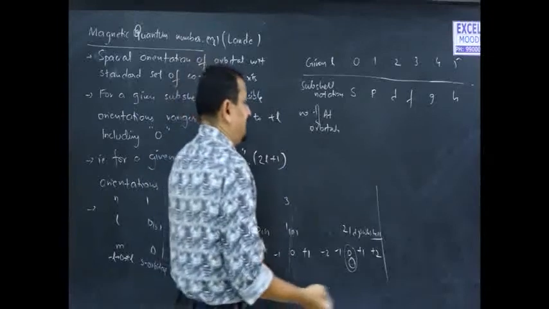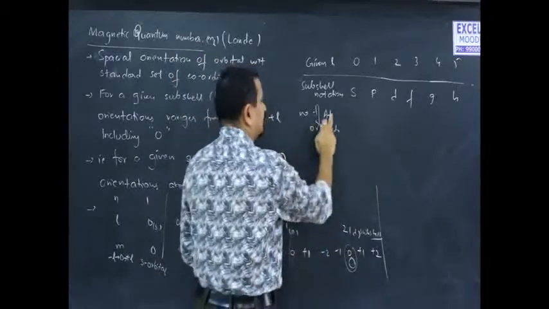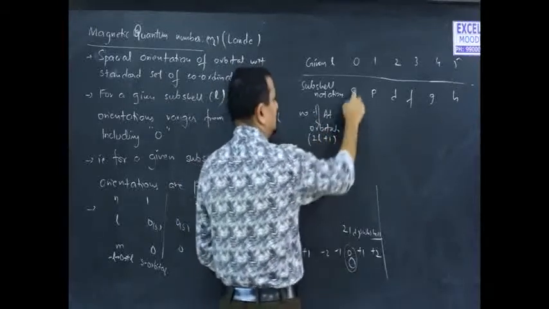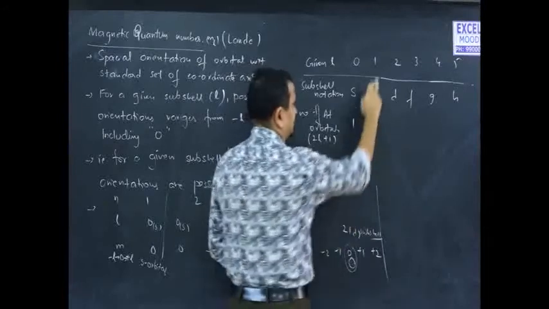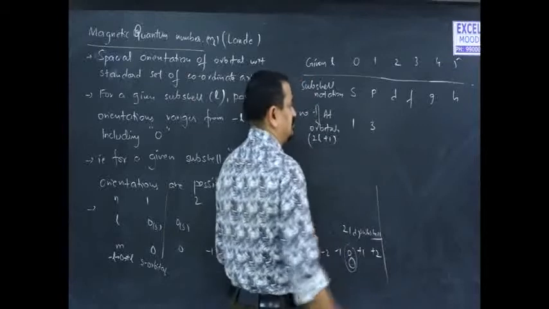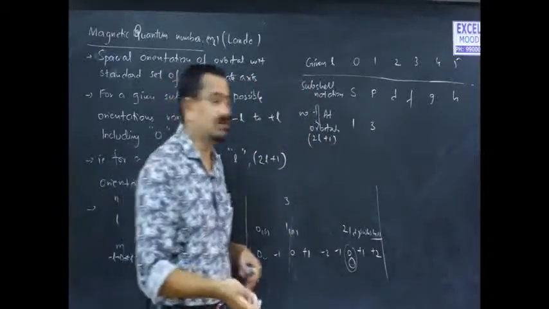Now, each of these subshells has several orientations. The number of orientations possible is 2 into L plus 1. So, 2 into 0 plus 1, 1 orientation; 2 into 1 plus 1, 3 orientations, so 3 atomic orbitals are possible. Each orientation can be considered as 1 atomic orbital.